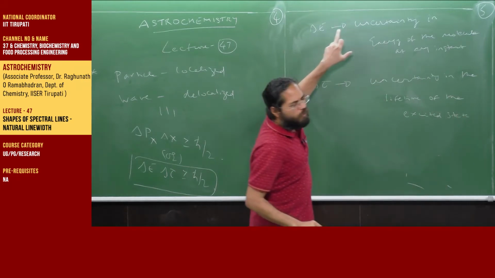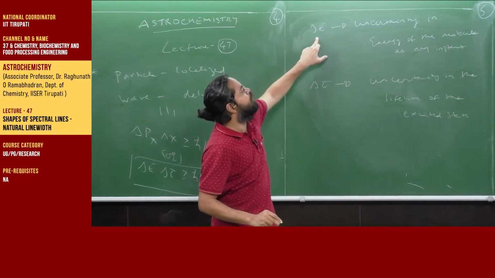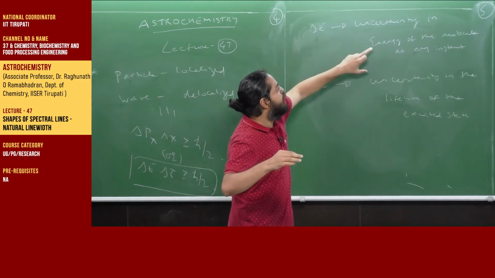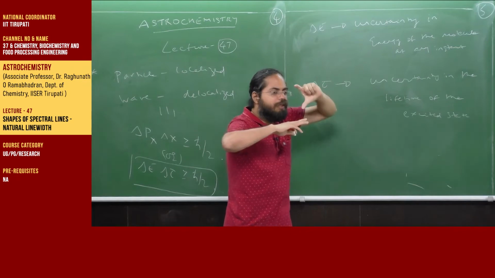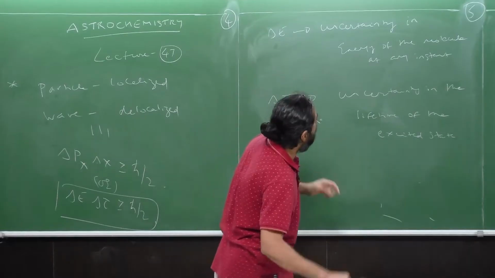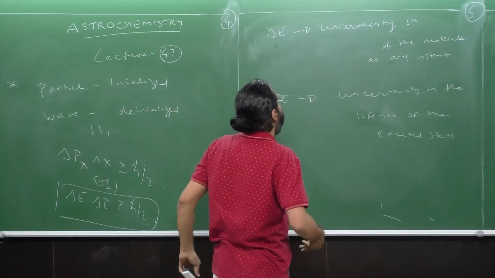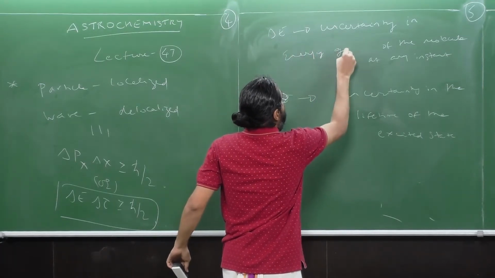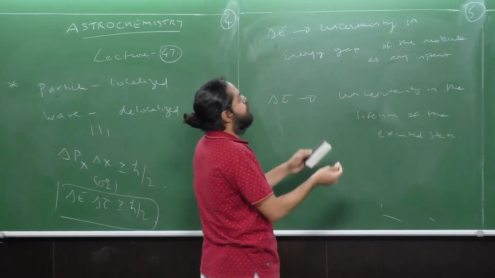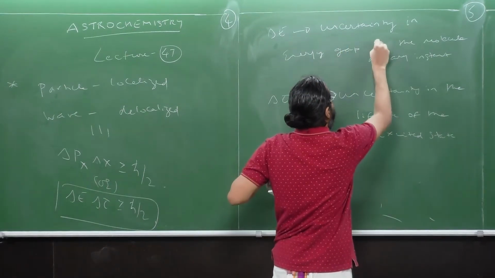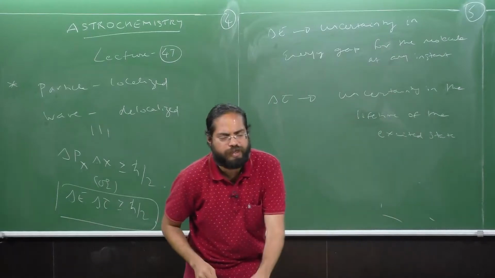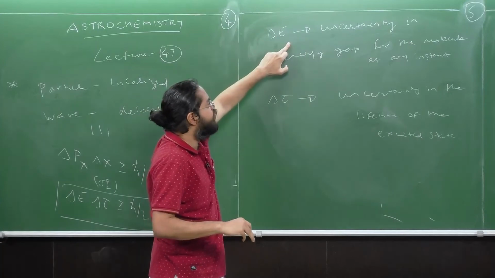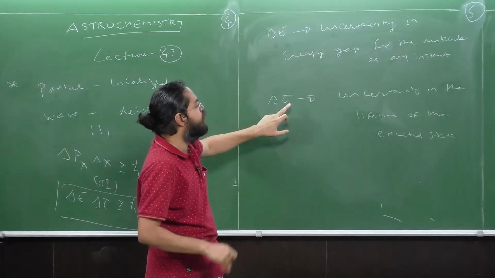In fact, even this term delta E could be more precisely understood as the uncertainty in the energy gap between the levels where the transition is happening, for the molecule. We're basically talking about the energy gap between an excited state and a ground state. So this is the uncertainty in the energy gap, and this is the uncertainty in the lifetime of the excited state.